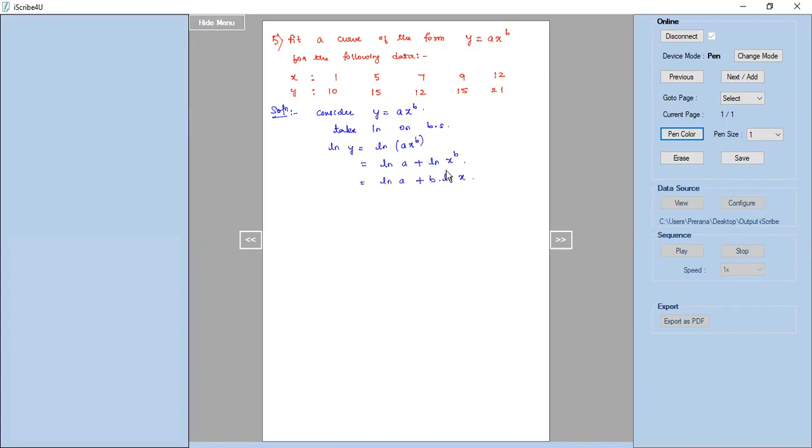Now let us make use of the appropriate substitutions. Let us substitute log y is equal to capital Y, log a is equal to capital A, and log x is equal to capital X. So that we reduce to capital Y is equal to capital A plus small b into capital X, which represents a straight line.